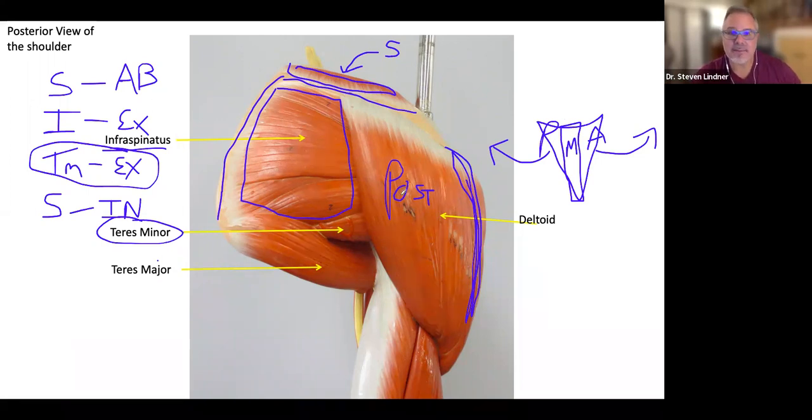So since we're looking at the posterior deltoid from the back, it pulls the arm backwards, and that motion is called shoulder extension. If we look at it from the lateral view here, the middle deltoid pulls the arm laterally, which is called shoulder abduction. And then the front fibers of the delt bring the arm or the shoulder forward, which is shoulder flexion.